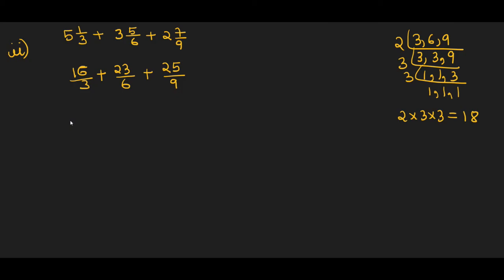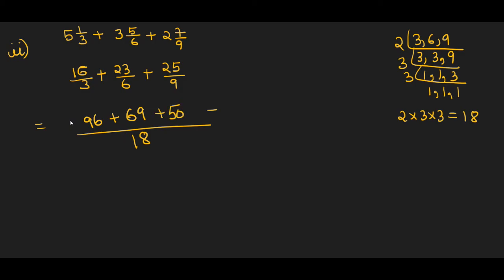So what will we do? Simply we will write 18. So 3 into 6 is 18, children, and 16 into 6 is 96. 6 into 3 is 18, and 23 into 3 is 69. 9 into 2 is 18, and 25 into 2 is 50.